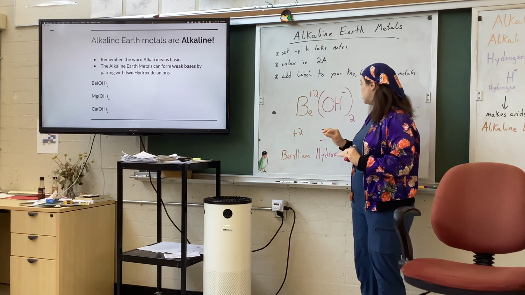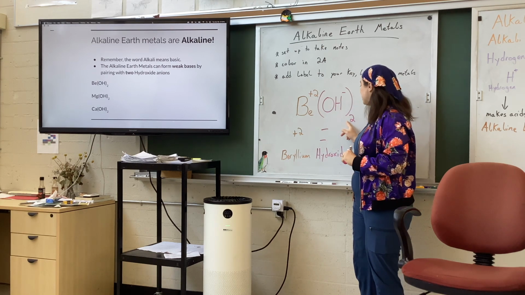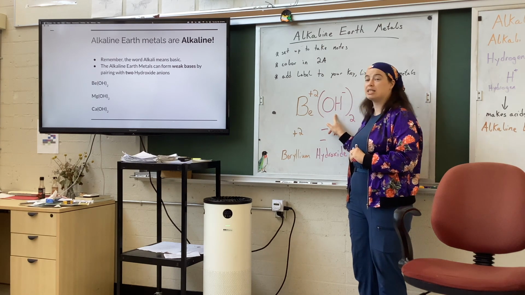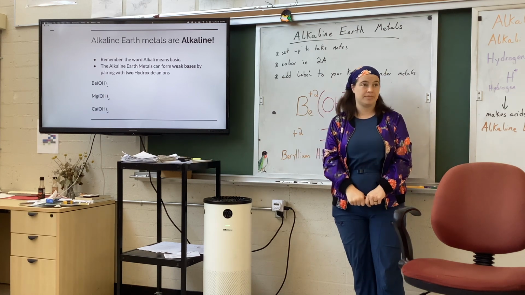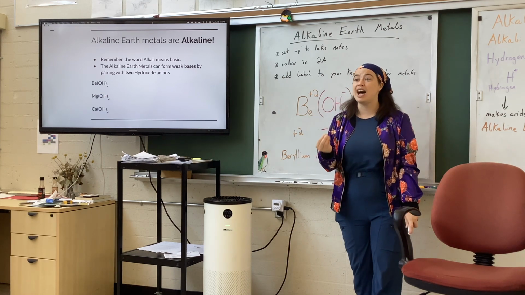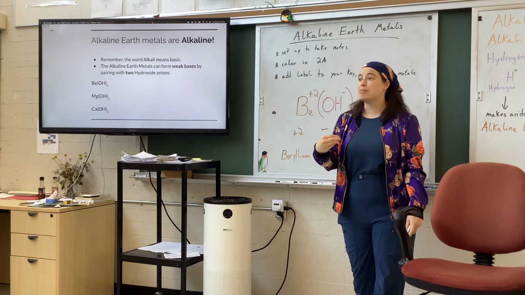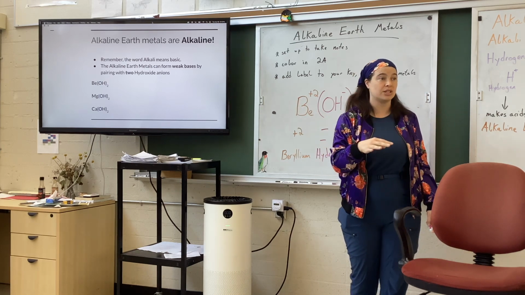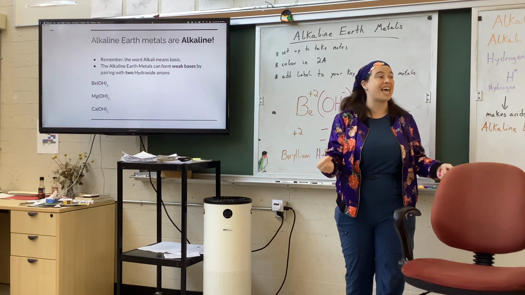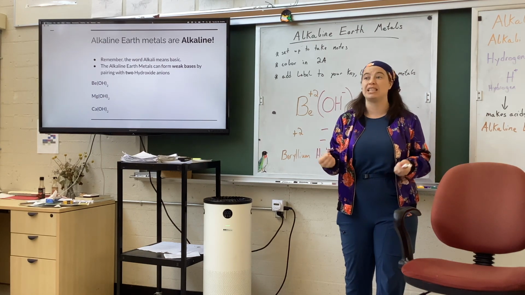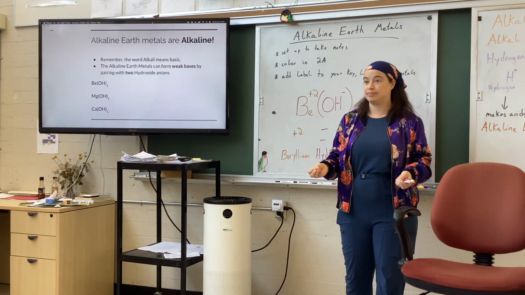That means that I must have 2 hydroxides to balance out the 2 positive charges for my beryllium. So with the names of ionic compounds, the assumption is that you have the skills to figure out what the charge of each ion is, and from that, figure out what the chemical formula must be.